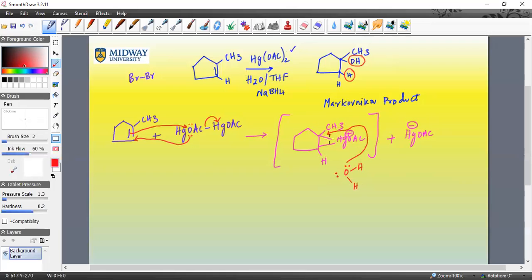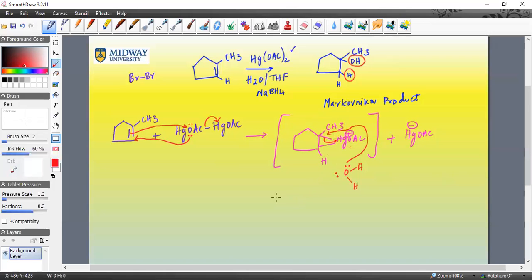Okay. And what happens here is now we do know carbon cannot have 5 bonds, right? Now, if you remember that bromonium ion thing I've explained, the lone pair of electrons is used as a bond. So by the time you finish, you will have 5 bonds, and that's not good. So that means this bond gets broken and the electron is given back to the mercury acetate ion, right?